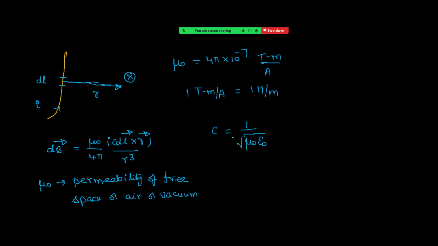Now see how to use this to get the magnetic field. You have to focus here on the direction of dl bar, that is the direction of current. So here you can see this is the direction of dl bar, the direction of current. Let us see now how to apply this.